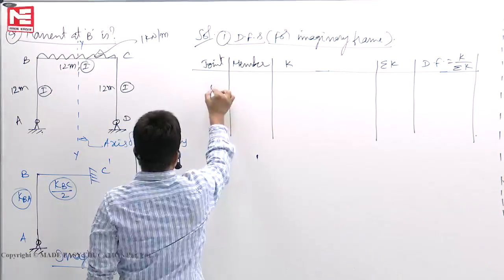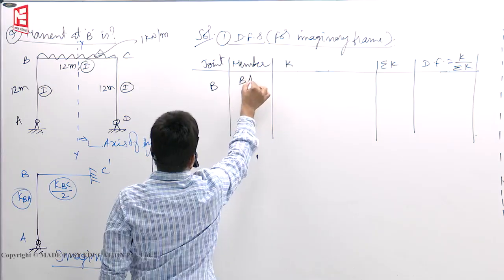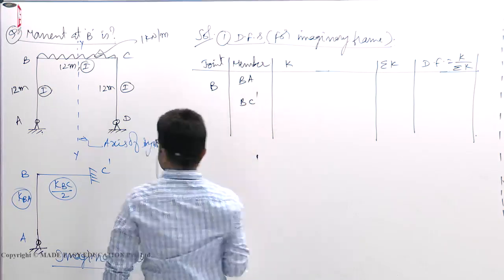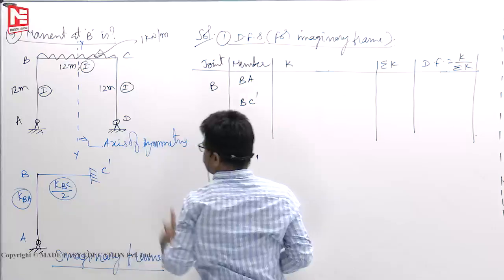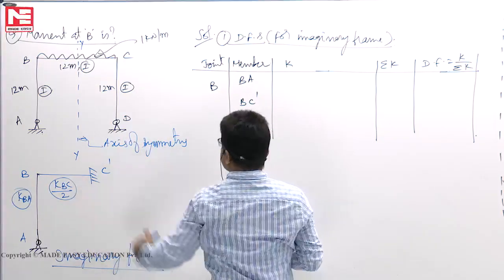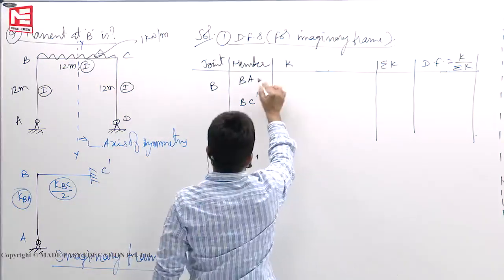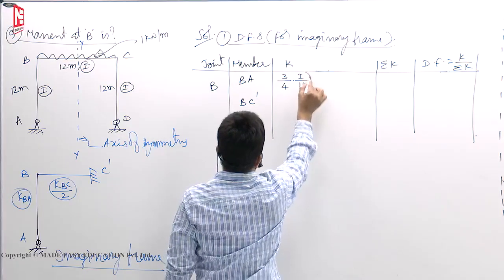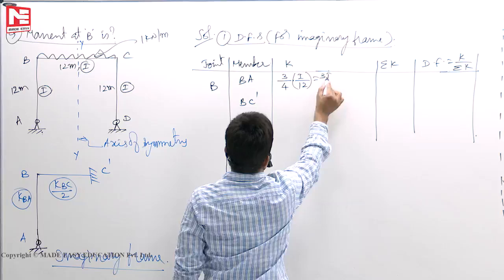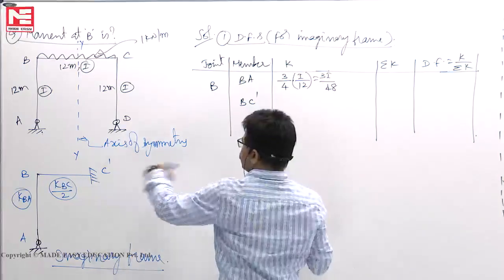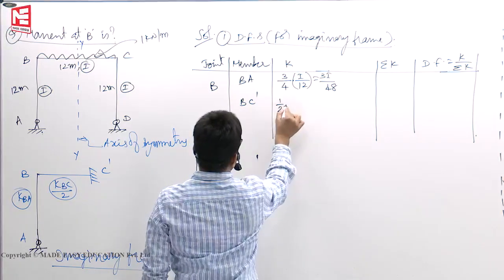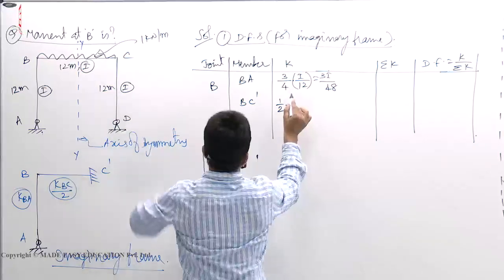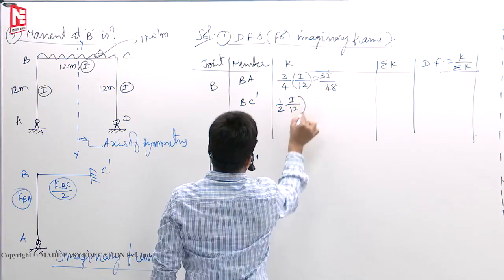Imaginary frame means only one joint you have to take, B. This is BA, BC dash, B to A, B to C dash. So BA, far end is hinge. So BA is, I have to write now 3 by 4, I by 12. That means 3I by 48. Then BC dash, half of I by L. Half of I is 12, I by 12.